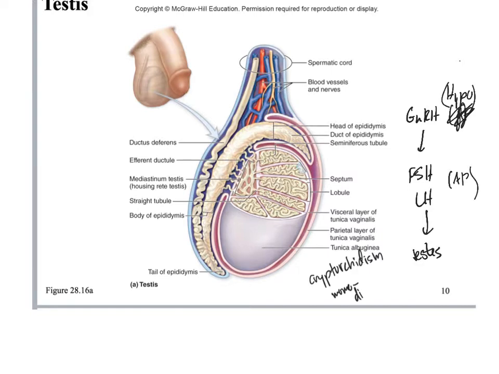The testes then will produce testosterone and also produce sperm. That's what FSH does, induces the production of sperm or spermatogenesis.